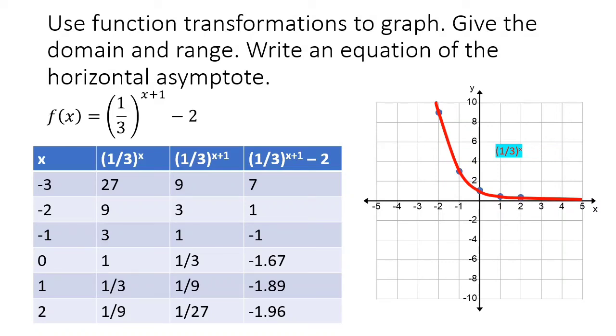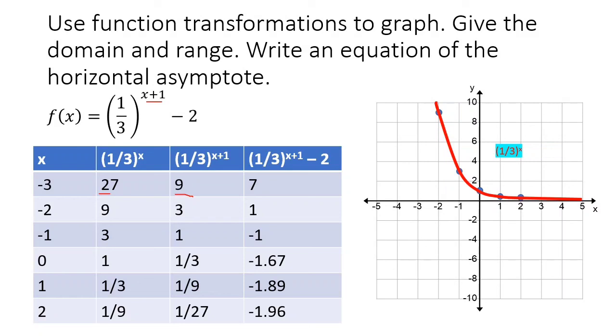Here we're going to transform (1/3)^(x+1) minus 2. What you'll see here is that (1/3) to the -3 is 27, but if I'm adding 1 to that, that exponent becomes -2. So (1/3) to the -2 is 9, because remember, negative exponents flip it, so it's like having 3 squared.